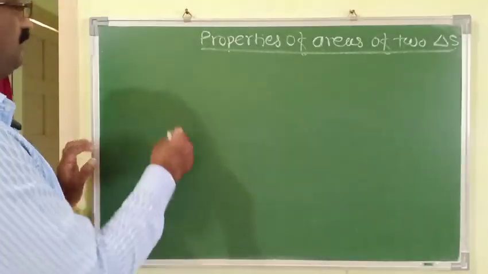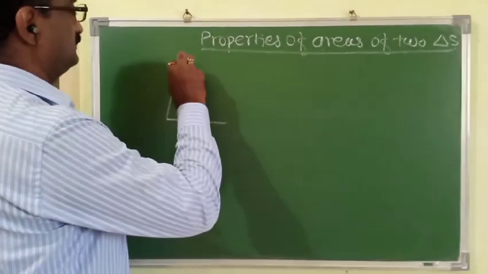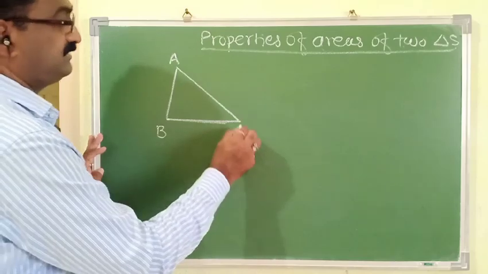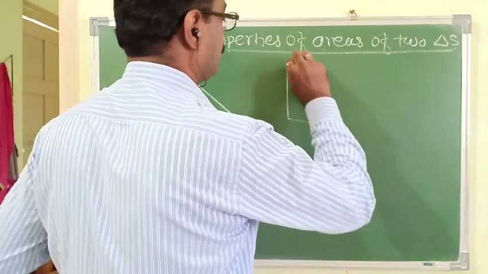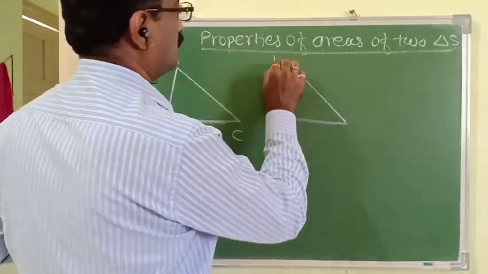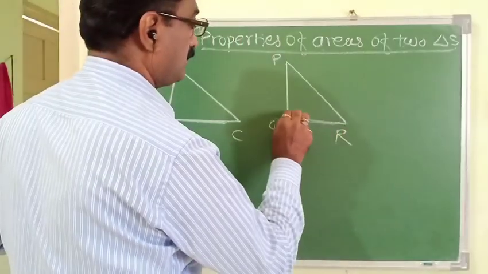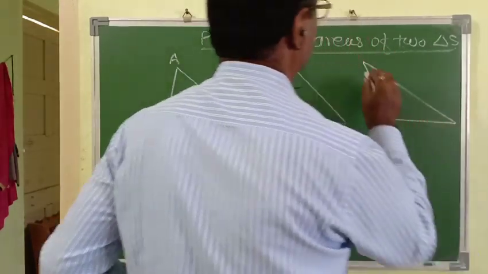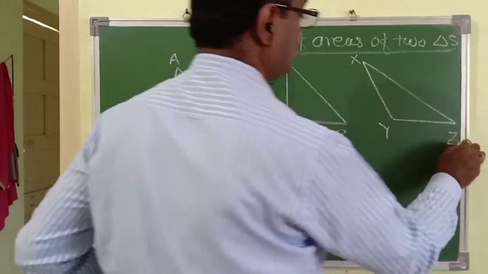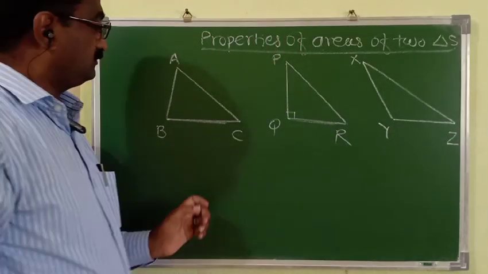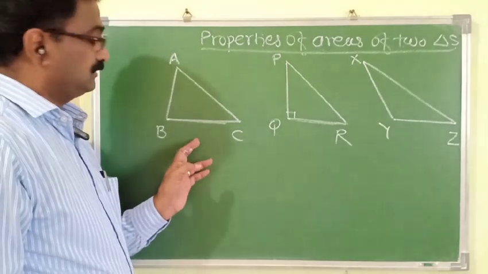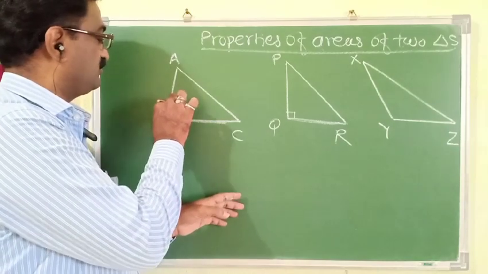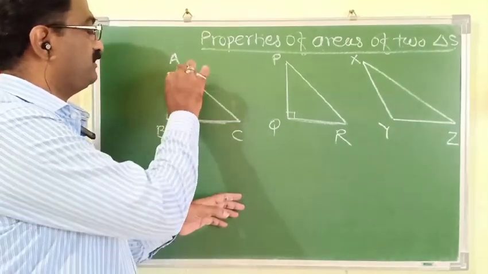So first I have these triangles. Triangle ABC, another triangle PQR, and this third triangle XYZ. Now, to find the area of the triangle means to find the space occupied by that geometrical figure.